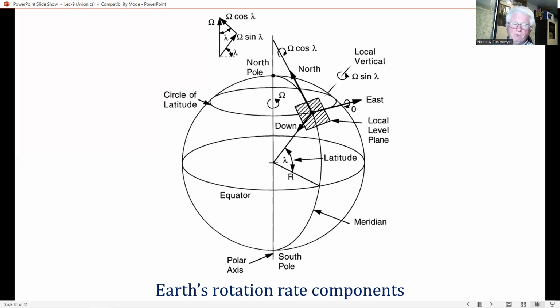Another component, about the local vertical axis, is ω sine λ. This correction must be applied to the virtual stable platform if it is desired to maintain it pointing north. But it should be noted that there is zero component of the Earth's angular velocity about the east pointing axis. This forms the basis of the gyrocompassing alignment technique, which is explained a bit later.